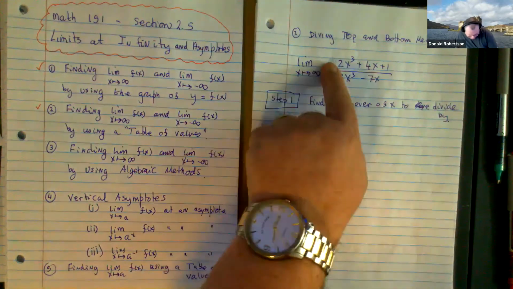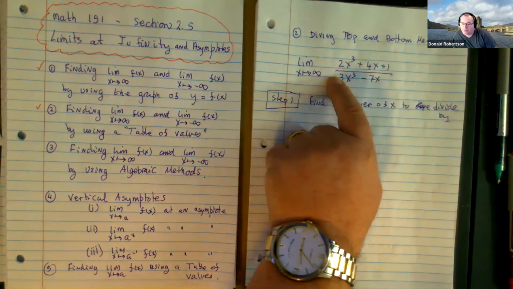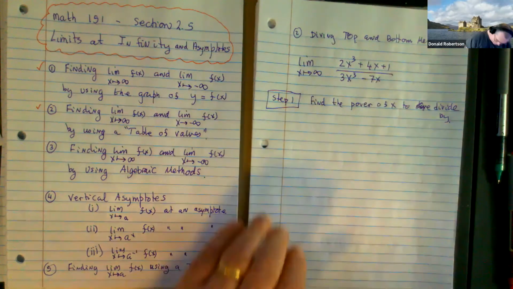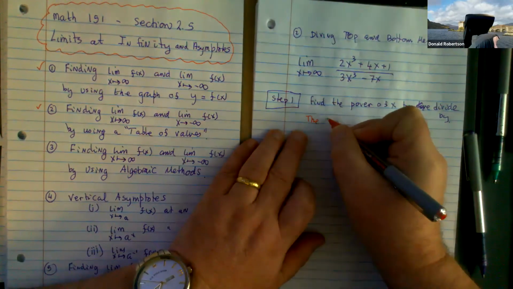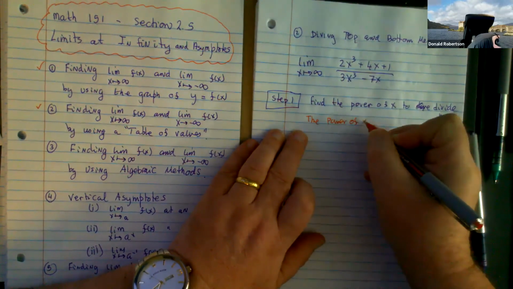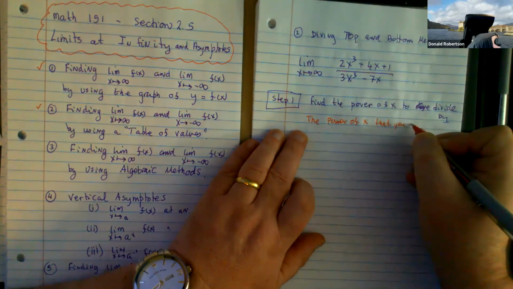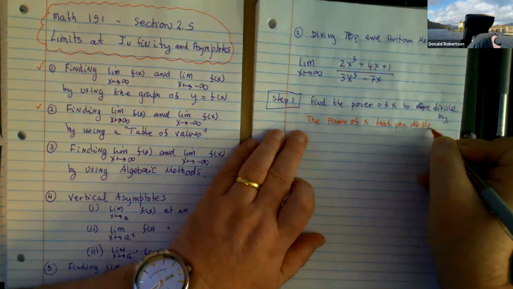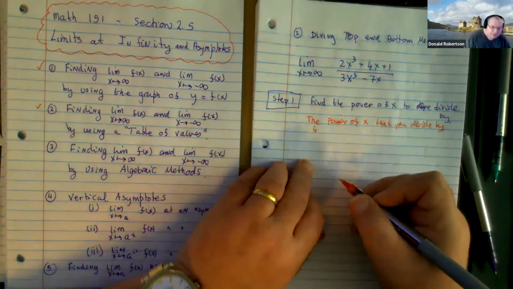So you look at this expression, right? There's a top part, obviously the numerator, and there's a bottom part. The power of x that you divide by is, how do you phrase this?